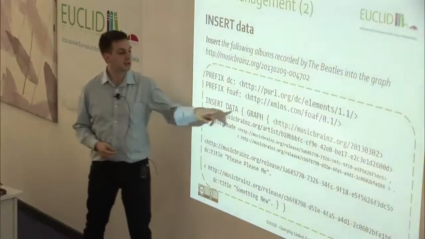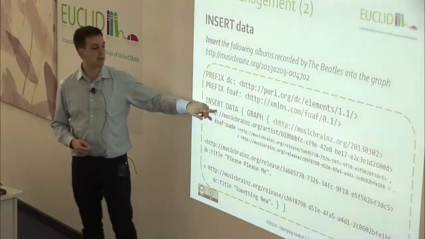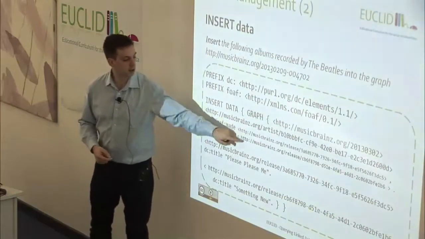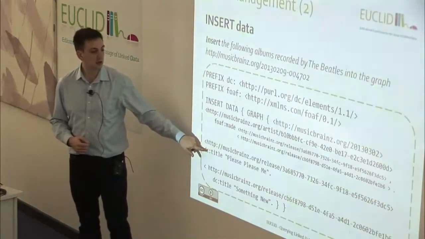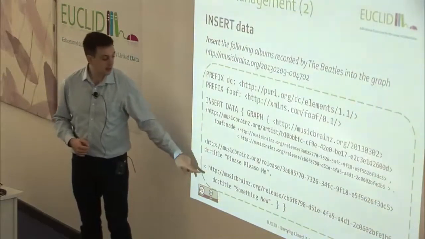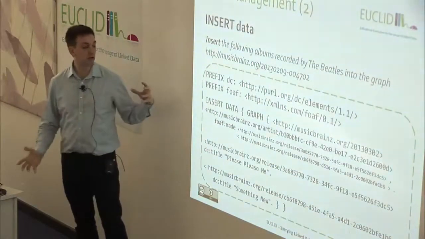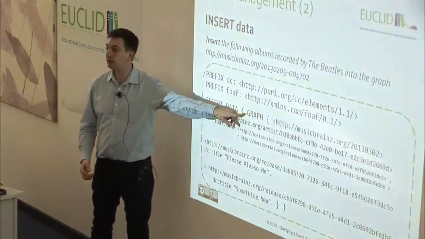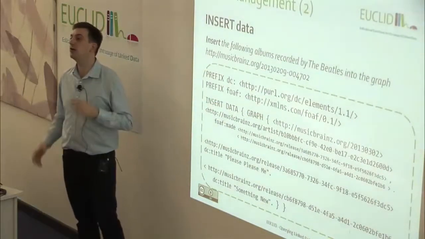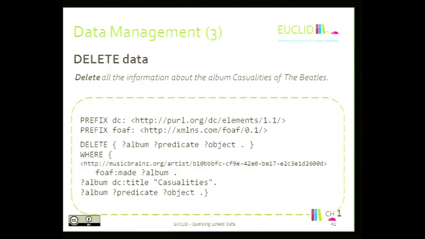If we want to add to that graph these triples that a MusicBrainz artist made two works, and furthermore that there's a title for one of them, Please Please Me, and a title for the other one, Something New, we can just express all of those patterns as triples within a graph in an update statement. And those will then be in the data set for anybody else's querying later.